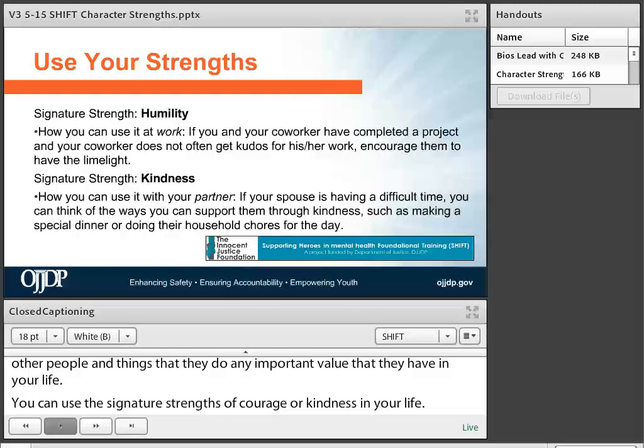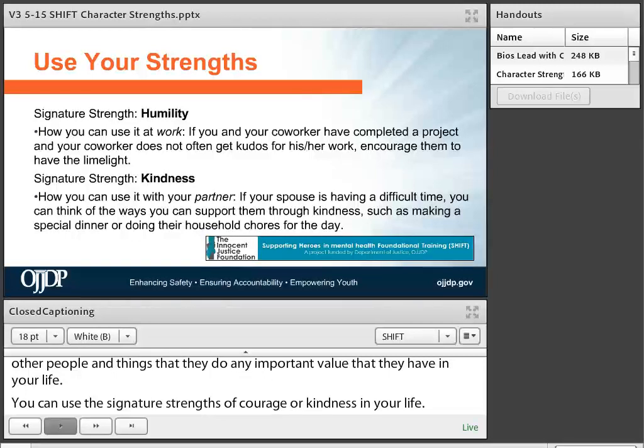Or if you see someone that is doing something very nice, like maybe a parent is doing a really good job with their child who's acting out and having a temper tantrum, and saying to them, I recognize how difficult that is, and you are doing a fabulous job.